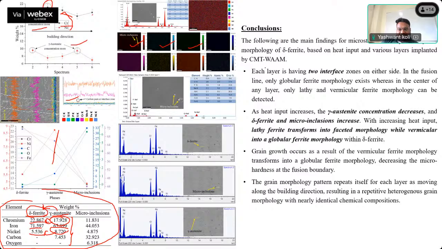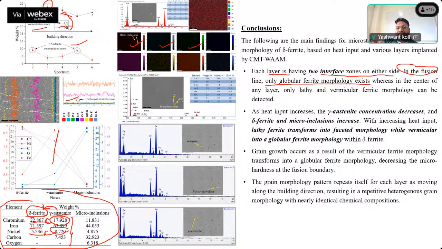So this paper's conclusion was that each layer has two interface zones that we have discussed on either side. In the fusion line, only globular ferrite morphology exists, because bigger grains are there in the inner layers.